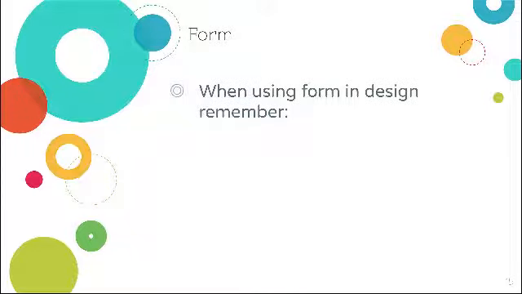Now, when you're using form in design, there are some things that you really should remember. Form follows function. So if you want something to be very functional, a lot of times that realistic form is made that way because it works.